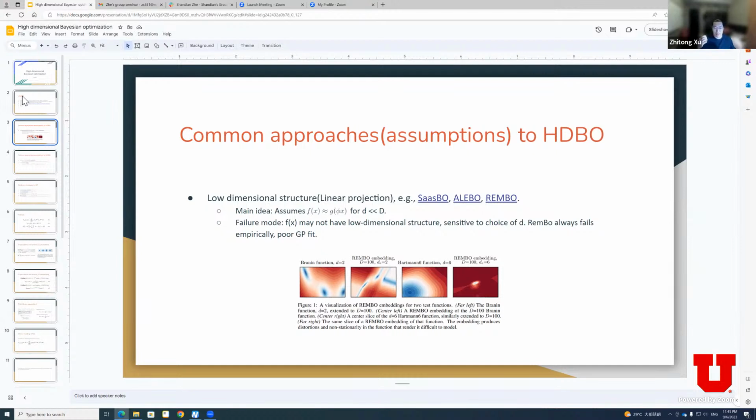This is the loop for Bayesian optimization, and they continue the loop, getting new data points every iteration. In high-dimensional Bayesian optimization, why is it going to fail? Because in most cases, we cannot learn a good surrogate model.